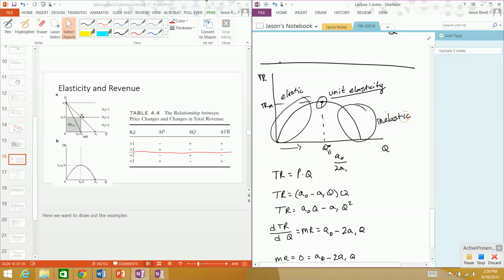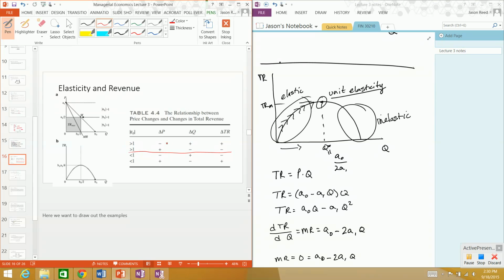So as quantity rises, which means prices are falling, we are on the elastic portion of the demand curve. And as prices are falling, we would be increasing our total revenue, right? We're moving towards this unit elastic point, and that's exactly what we see here.